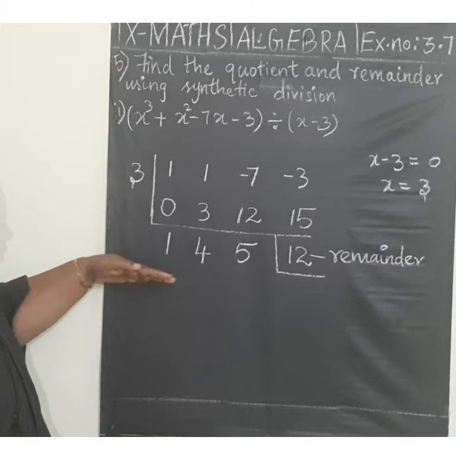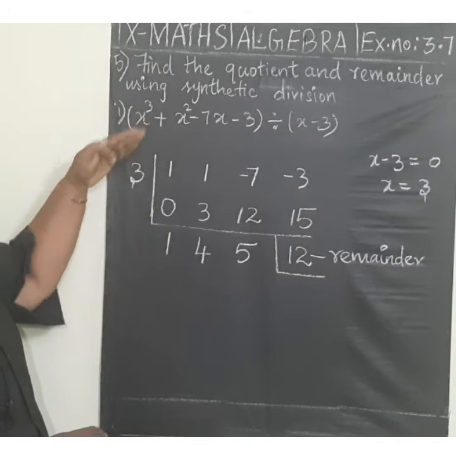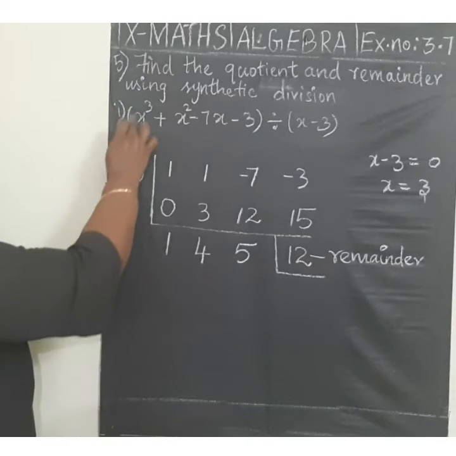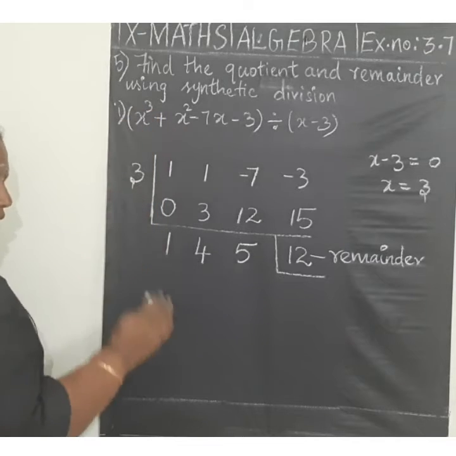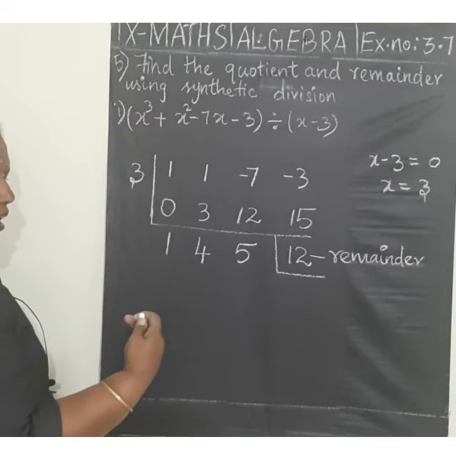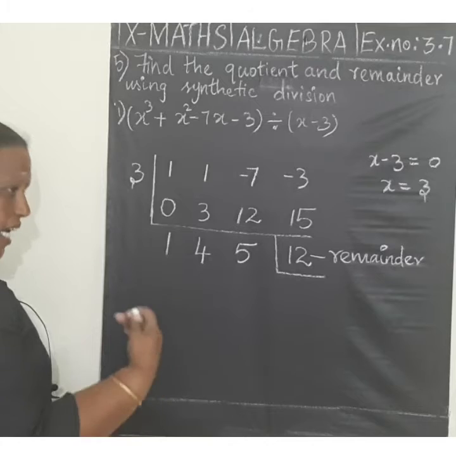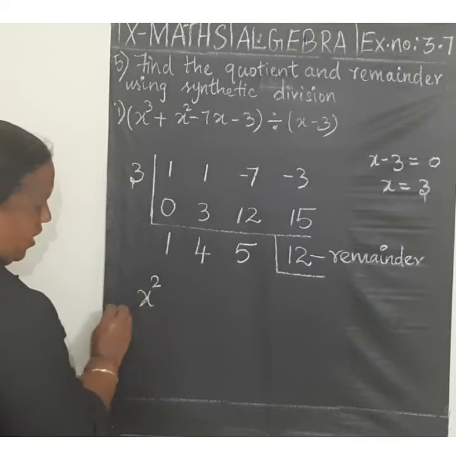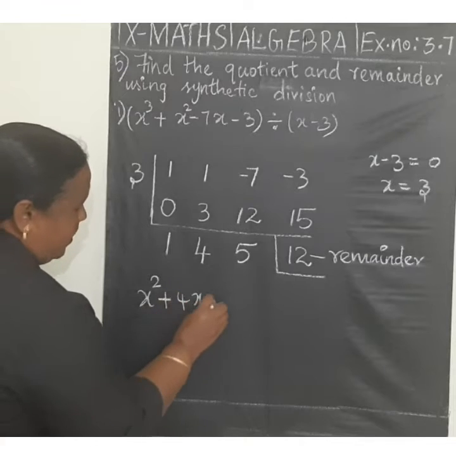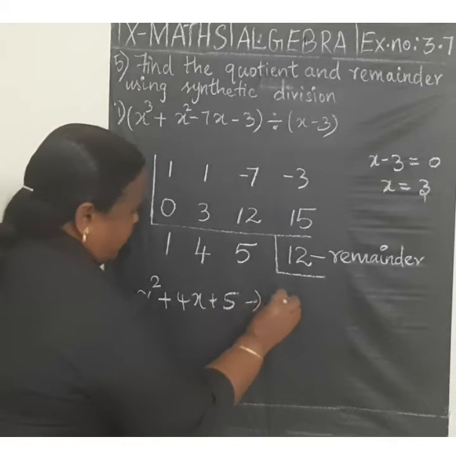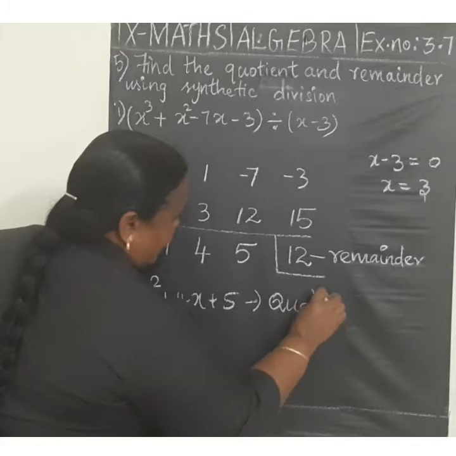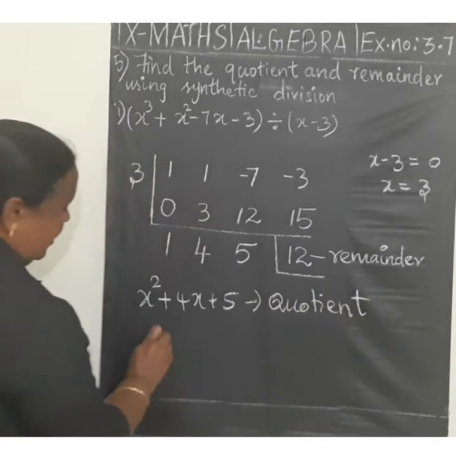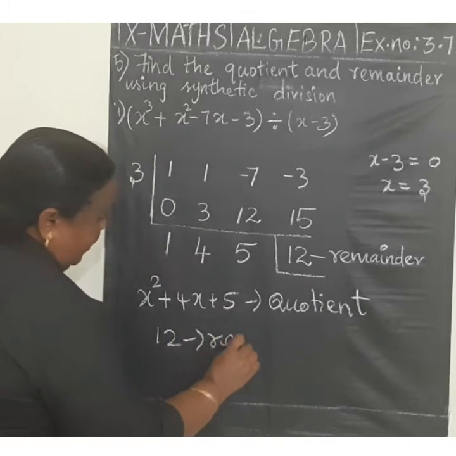When we are writing the quotient, we have to reduce one degree. So the highest degree 3, we have to reduce 1, and we will get x squared. So we will write it as a x square plus 4x plus 5. This is the quotient. Then 12 is the remainder.